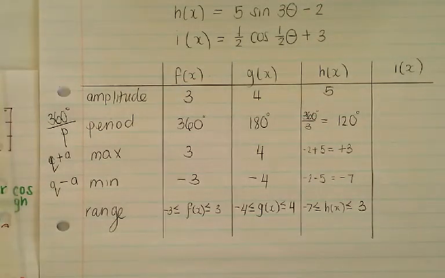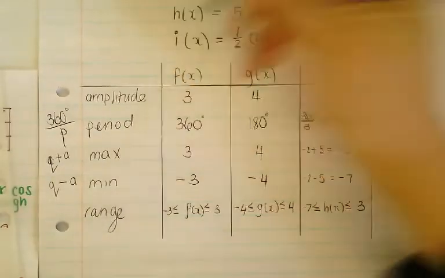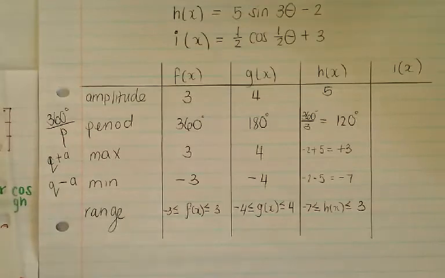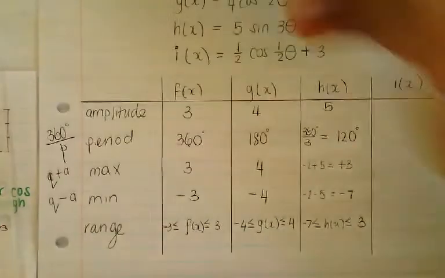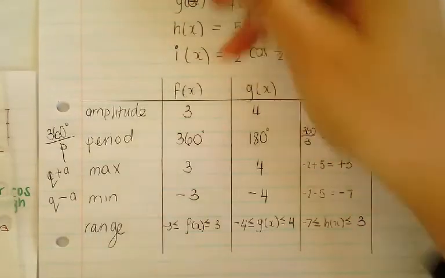Yes. The what? The one on the x. It's I of x. So that's what I've called it, I of x. I should have actually said I of theta, shouldn't I? Because theta is my variable.